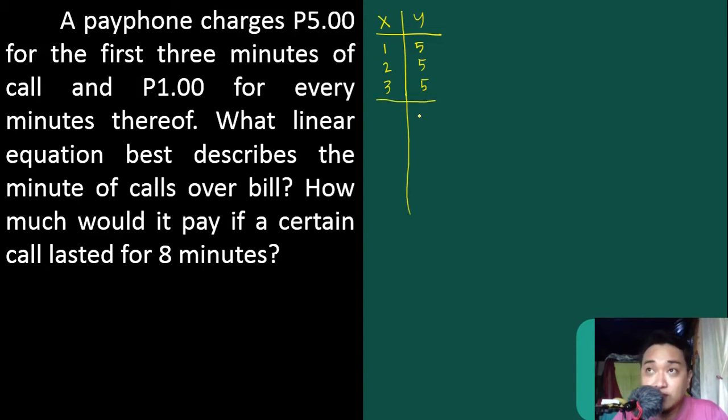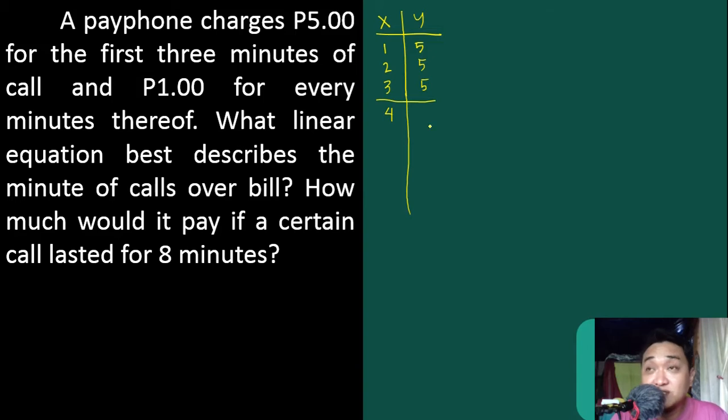Paano kung halimbawa more than 3 minutes na, let's say 4 minutes na? So most probably ang babayaran natin yung minimum charge for 3 minutes, which is 5 pesos, and then plus 1 peso every minute.